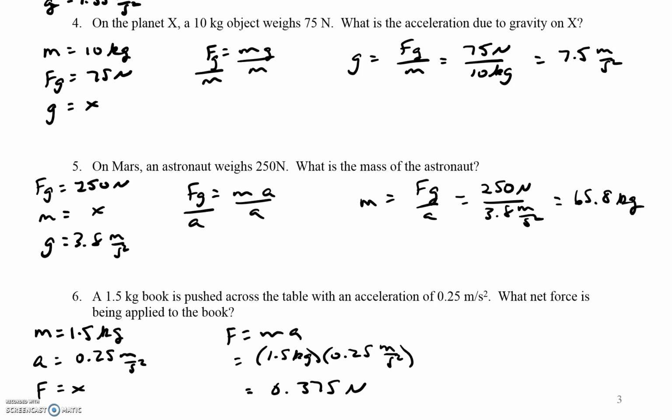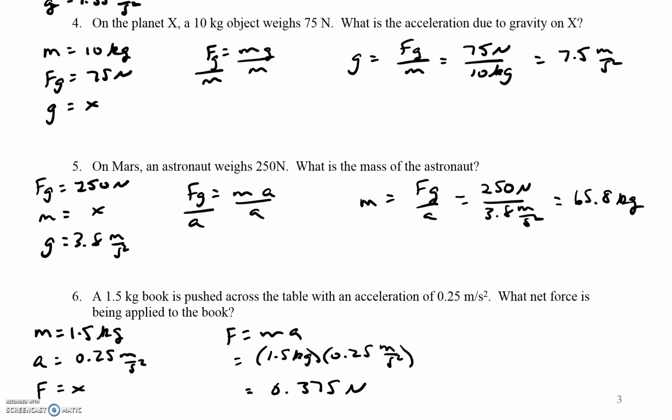For number 5, on Mars, an astronaut weighs 250 newtons. What is the mass of the astronaut? So mass equals our force due to gravity, or our weight, divided by acceleration. So 250 newtons divided by 3.8 meters per second squared gives us a mass of 65.8 kilograms.